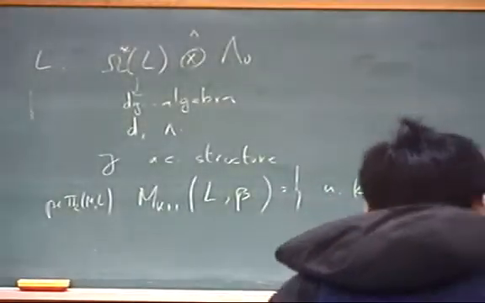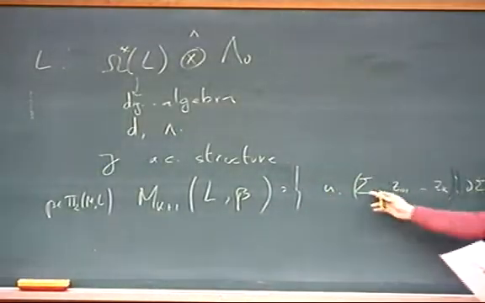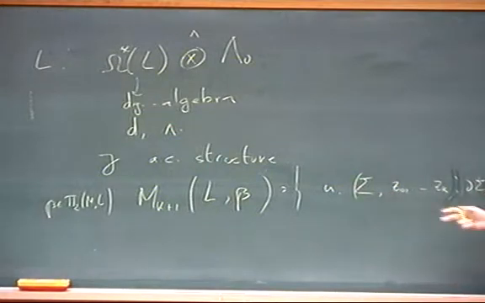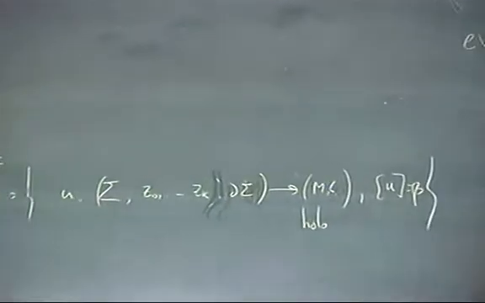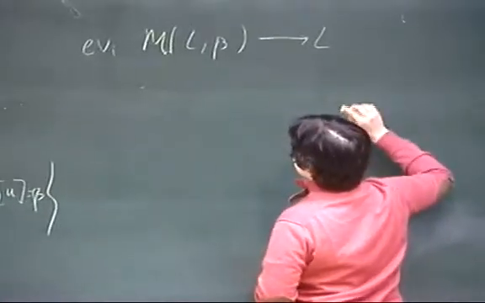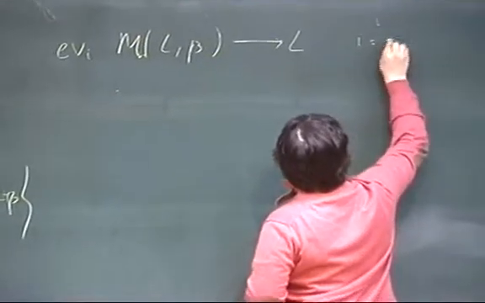Then we have to compactify, so this could be not only one disk but several disks and spheres. This comes with maps: you can evaluate at marked points, so you go from here to L, for i from 0 to k.